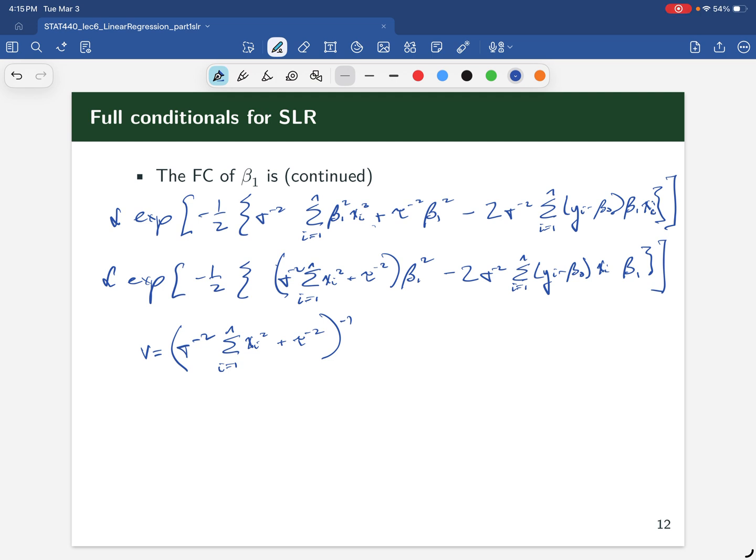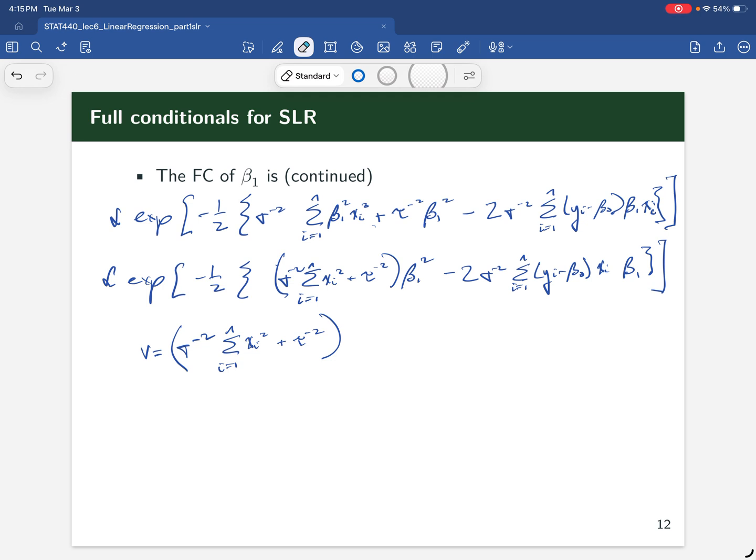The reason I throw that negative 1 on is I want the v to be in the bottom. Let's leave it like that.